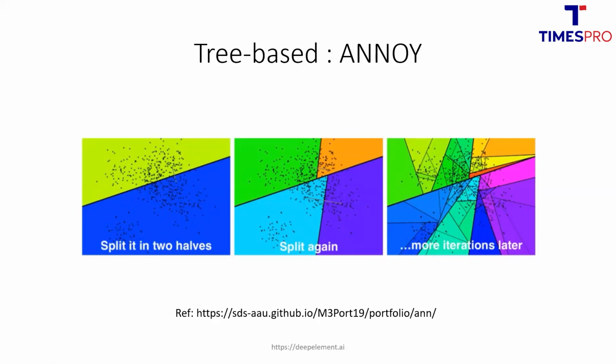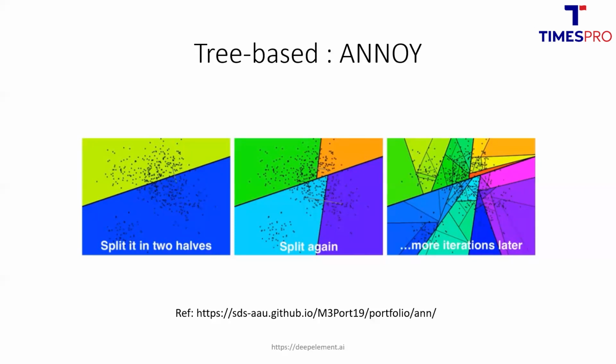Now, what is the hypothesis behind building multiple trees randomly? The hypothesis is that if there are 2 points in this data set which are close to each other, then there will be at least one tree in which these 2 points lie in the same leaf node.